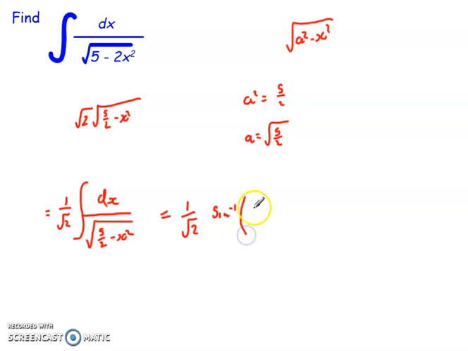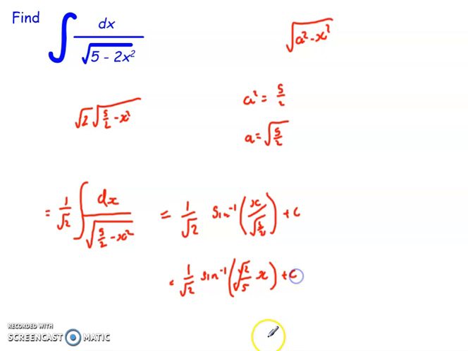It's x over a, so it's x over square root of 5 over 2, plus c. Rewrite this bit here in the bracket, and I get 1 over root 2 times sine minus 1 of root 2 over 5, keep it as 1 square root, times x plus c.